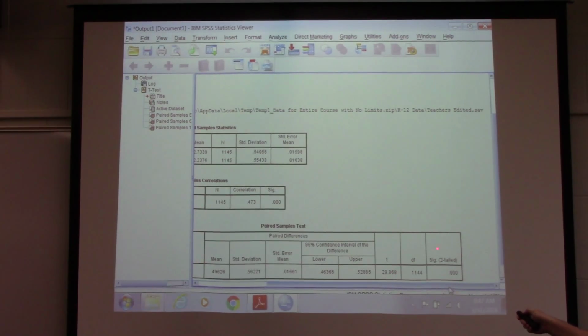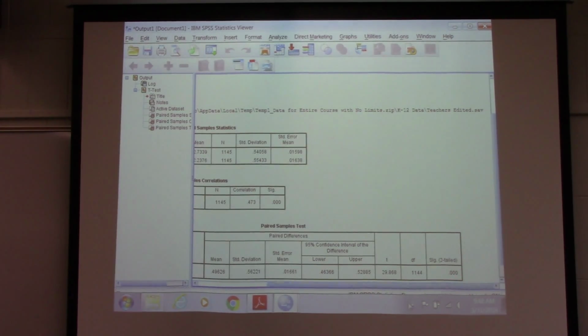Is that t far enough to be outside of the lower and upper t's? So roughly 95% of the time, if you ran this same test, you would get t-values between 0.46 and 0.52 if there was no statistical difference. But we got a t-value of 29.8, which is way outside of that. This value is very, very significantly less than 0.05. So we conclude there is a statistically significant difference.